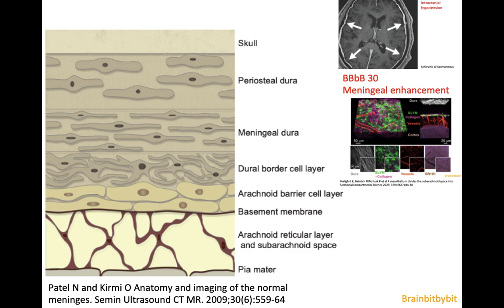The same group that described the lymphatic system described a new fourth meningeal layer in 2023, the subarachnoid lymphatic-like membrane, located in the arachnoid reticular space. They said it was never described before because it disintegrates.